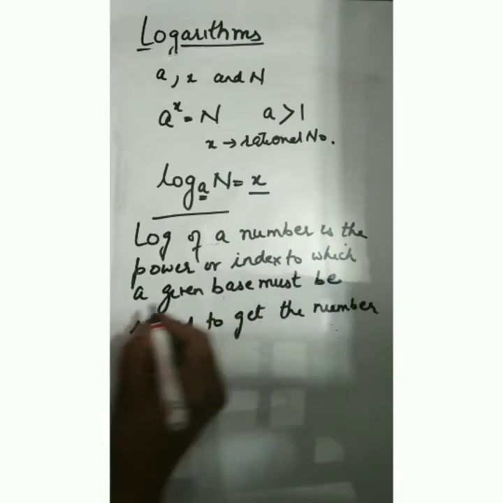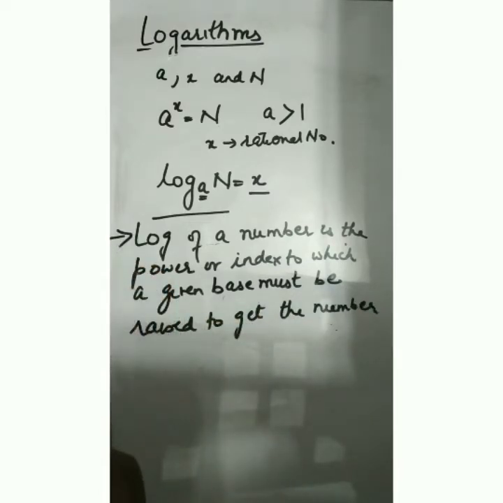Right? So this is the definition of log. I could again read it as: the log of a number is the power or the index to which a given base must be raised to get the desired number.